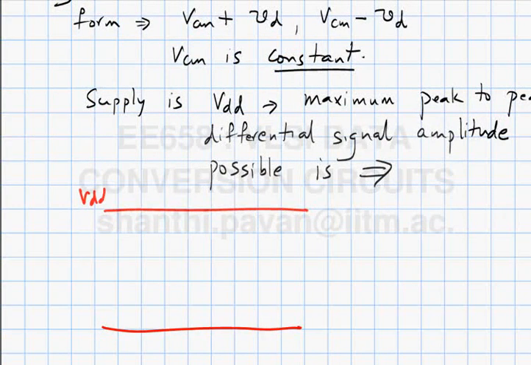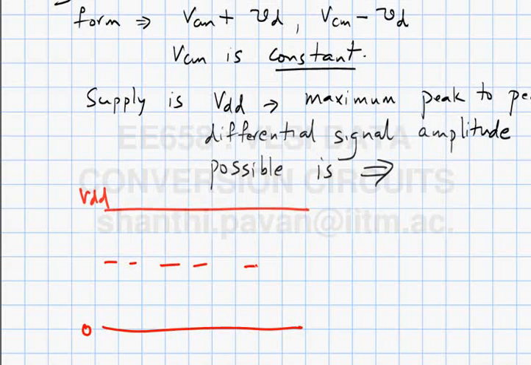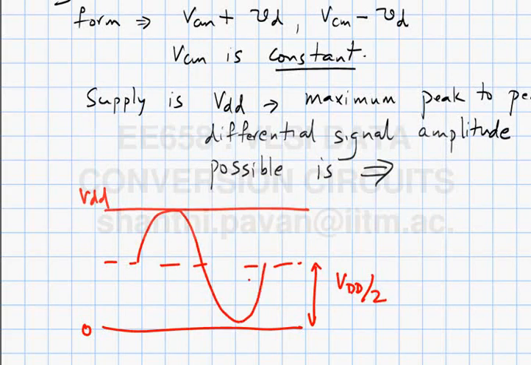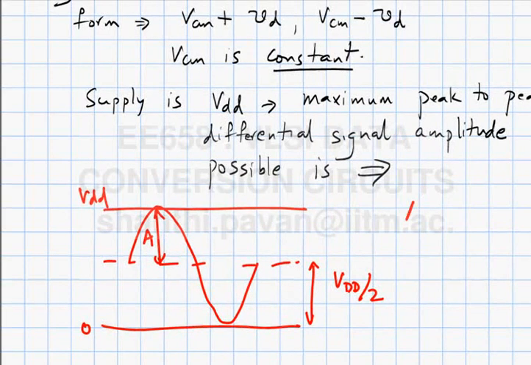This is VDD, this is ground, and clearly it makes sense to choose the common mode as VDD by 2, so that you can go up by as much as you can come down. The amplitude A is simply nothing but VDD by 2, but this is the amplitude of the single-ended signal.